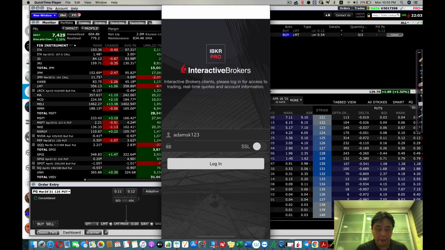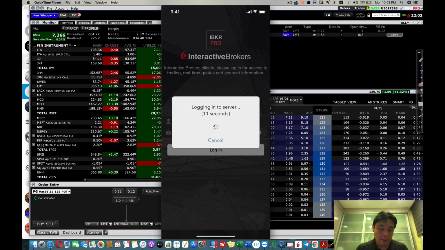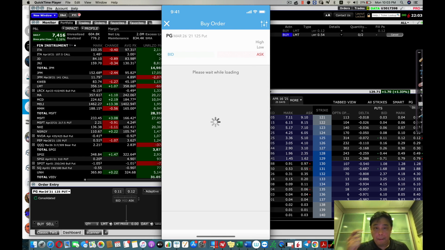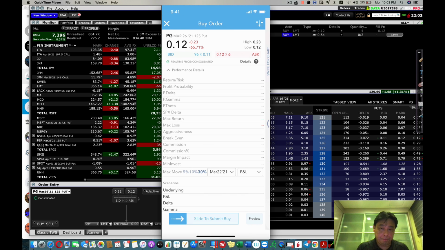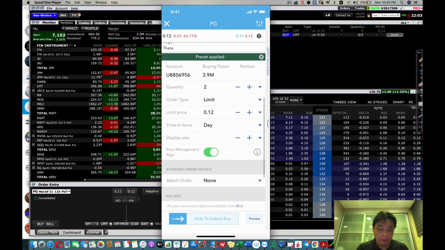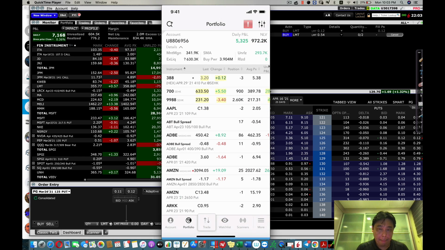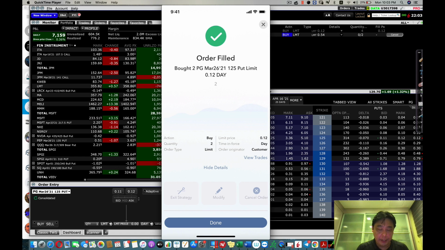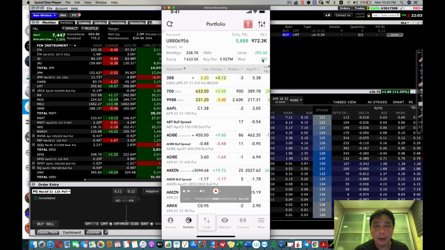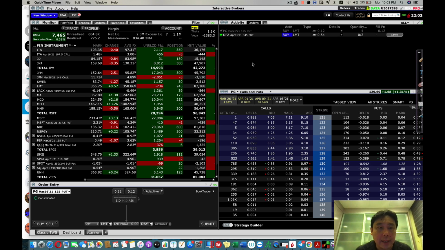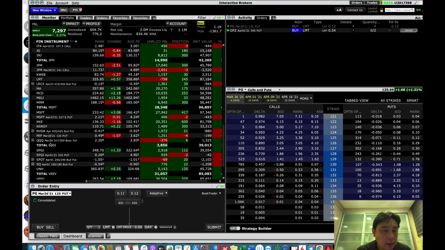Going to key in the password first. Okay, so close the trade at 12 cents. Filled the order. Okay, there we are. Oh, there's a small profit over there. I took a small position. So at least I took some profit today.